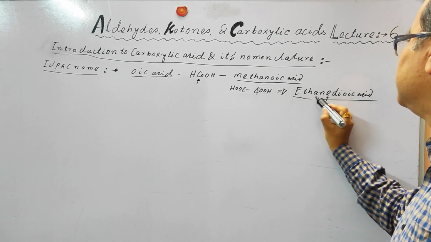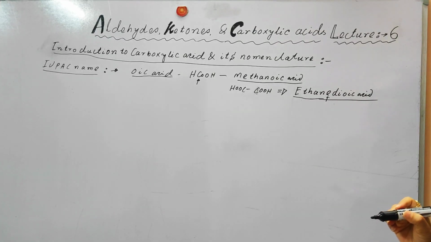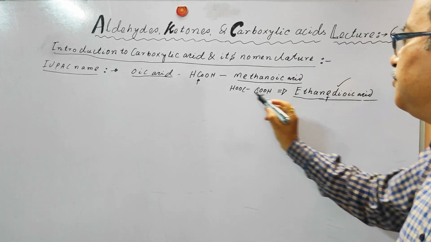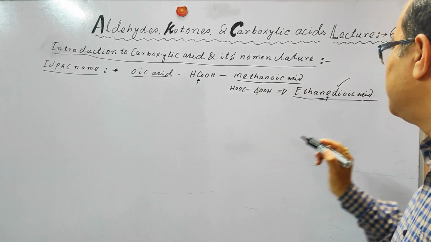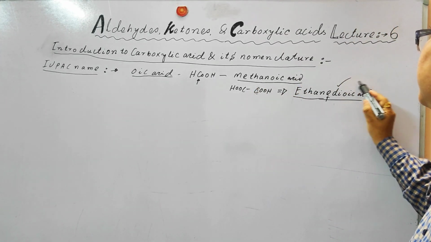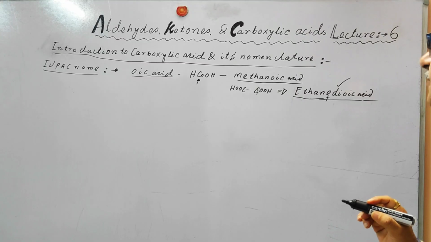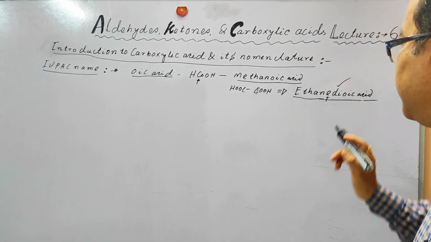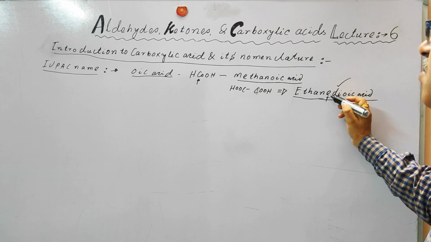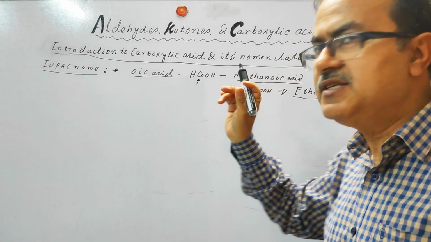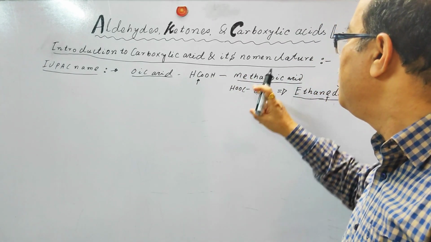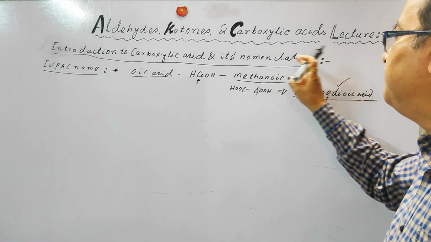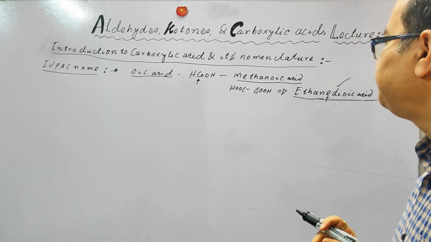So it is ethanedioic acid. We put di due to the 2 carboxylic groups, and oic acid as per the rule, that the name ends with oic acid. But here we retain the E, whereas in the case of a single carboxylic group, we omit the E and replace it by oic acid.